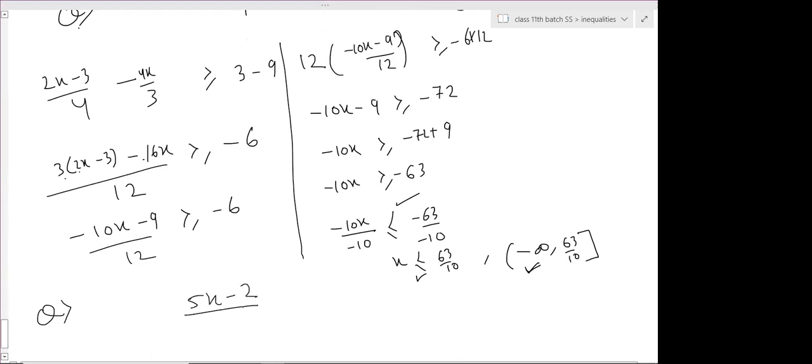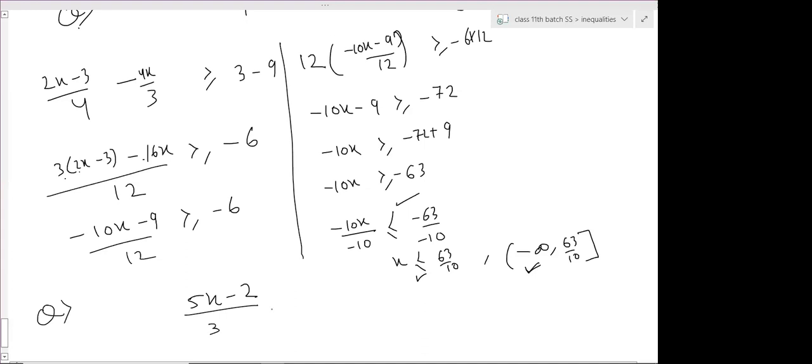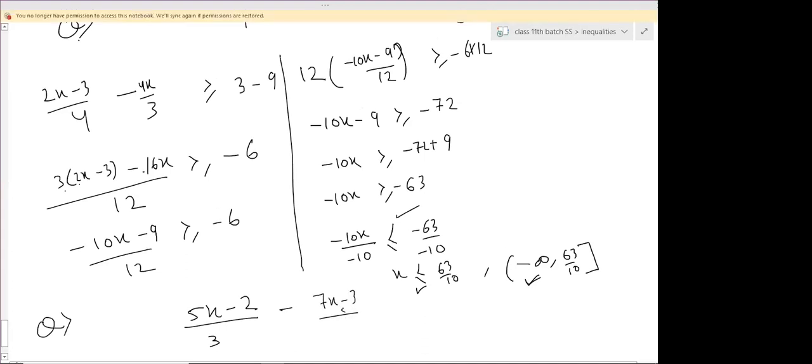(5x - 2)/3 - (7x - 3)/5 is greater than x/4.